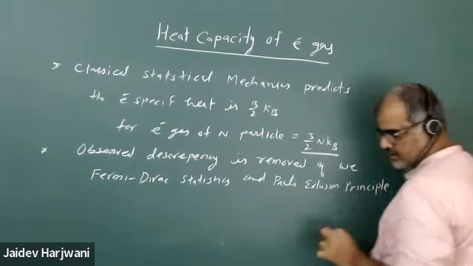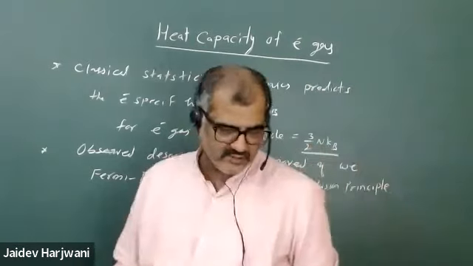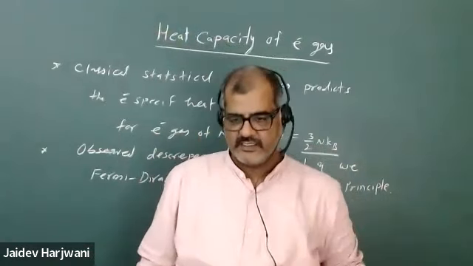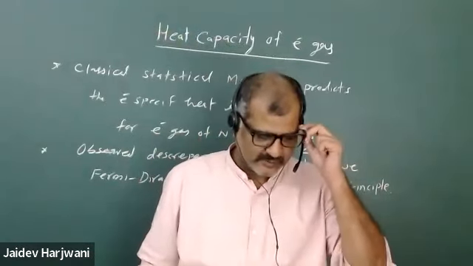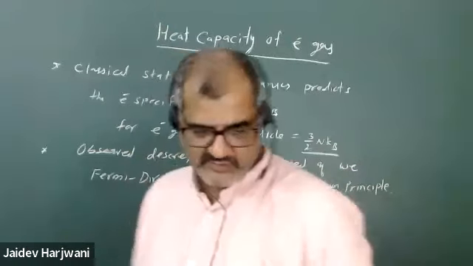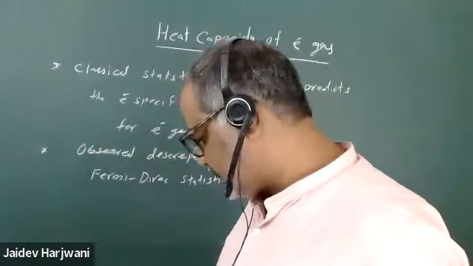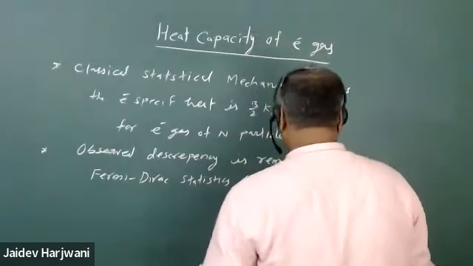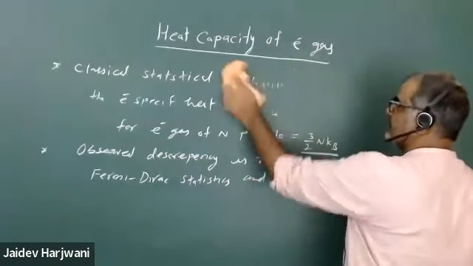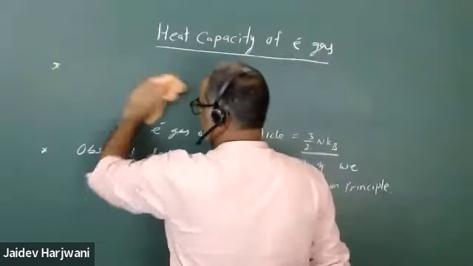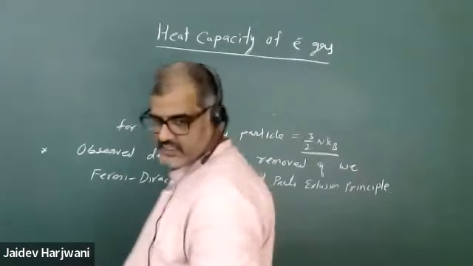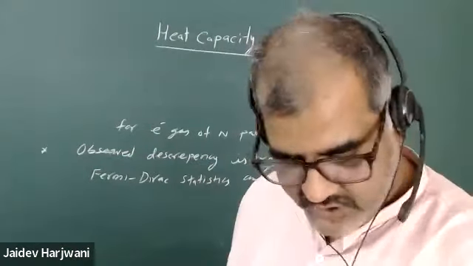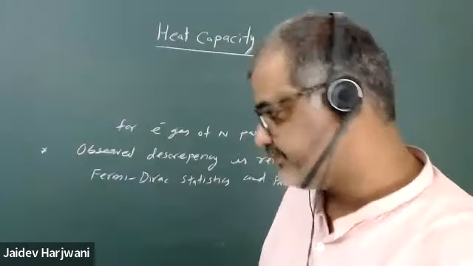Of course, when we are using the density of states, we are assuming that each state holds two particles, so we are using the Pauli exclusion principle as well as Fermi-Dirac statistics. Now let me calculate the specific heat using the concept of density of states and the Fermi-Dirac statistics.